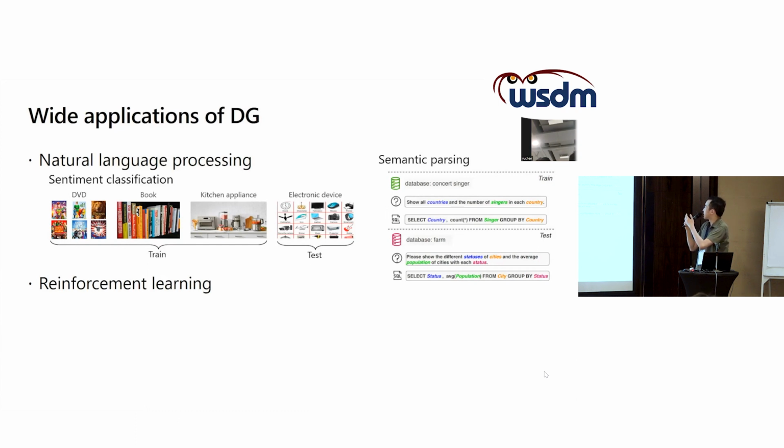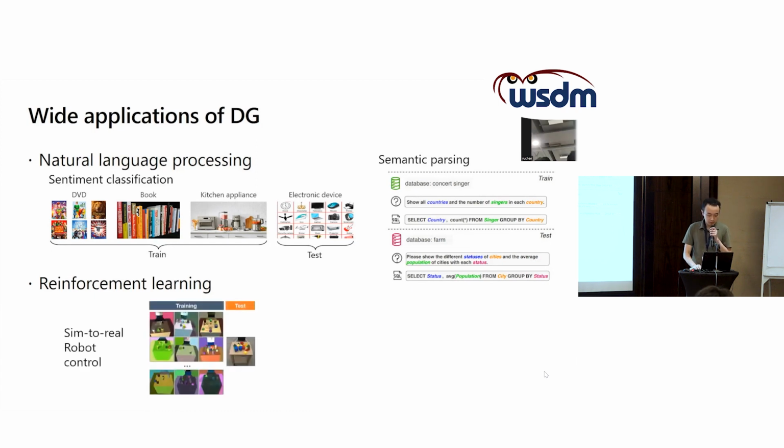Here is another example, semantic parsing. Of course, these two are very old NLP problems. Nowadays we have ChatGPT, but even for ChatGPT we still encounter this generalization issue, which will be covered later by my colleague Jindong Wang.